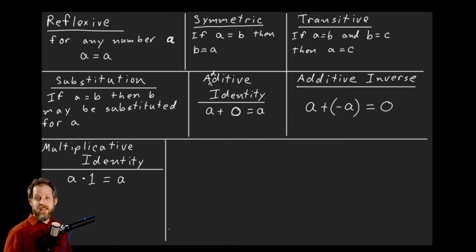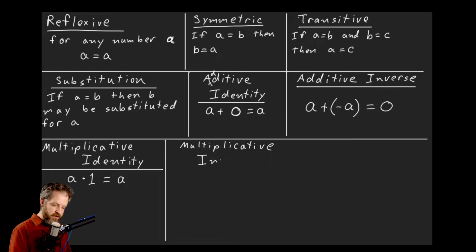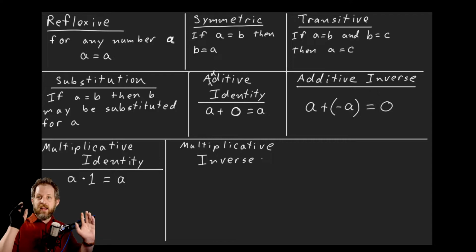Right? What about the multiplicative inverse? Now, for the additive inverse, it was what can we add or take away to the number to cancel it, to poof it, to make it go away.